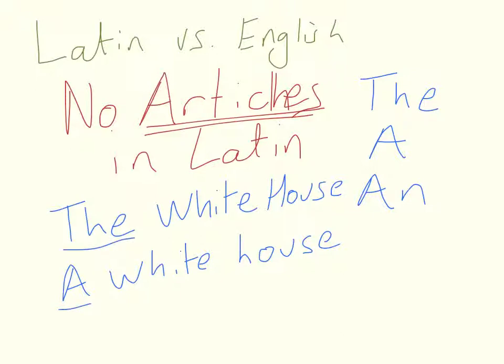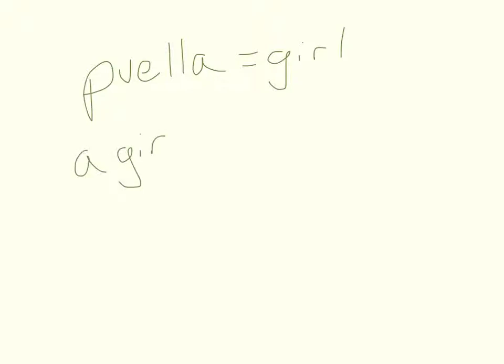In Latin, we don't have it, so it's a little bit difficult when we have, say, the word puella, like we do in our story in chapter 1, which means girl, as you know or will learn. Does it mean a girl? Does it mean the girl? A specific girl? In order to know that, we really need to look at the context in the story.